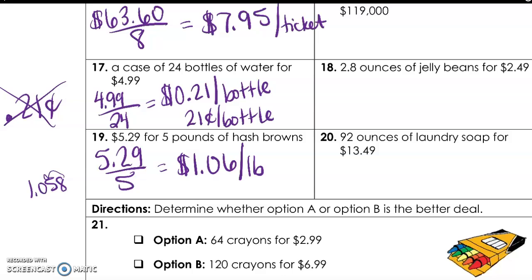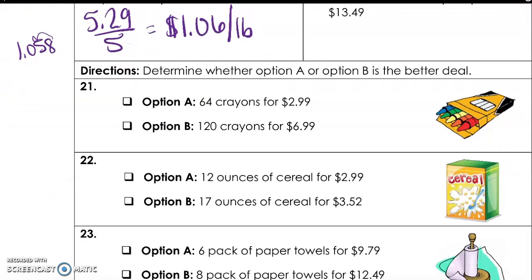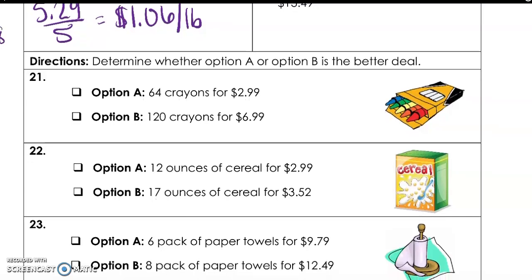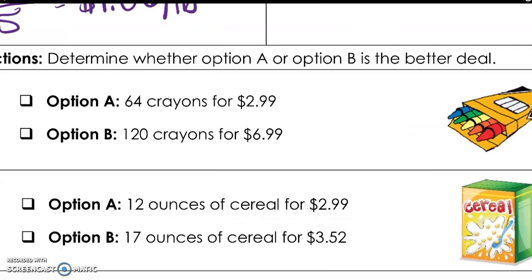The reason we do this is to figure out what's cheaper, what's the better deal. So a lot of times people think that the larger quantity is always a bigger deal. Like you shop at Sam's because you get more items, but that's not always the case. So you always need to actually divide this out. So for this one, we're going to do $2.99 divided by 64. And again, you need to round to the nearest cent.